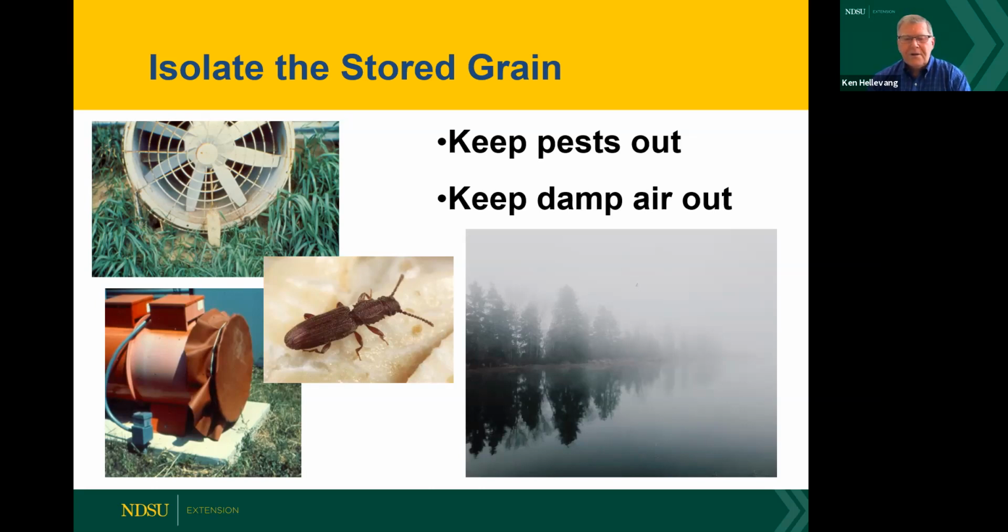So it's critical that we cover any opening into the storage with some type of airtight cover, as shown in the bottom left picture, to assure that we're keeping that stored grain separated from pests, from damp air, other things that can lead to storage problems.